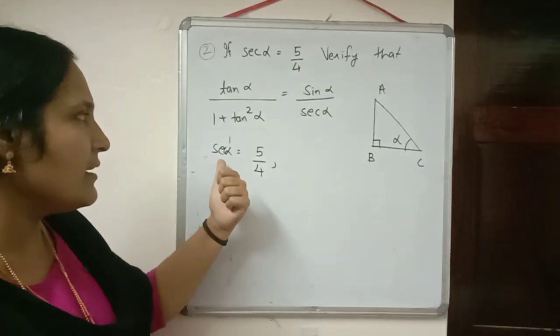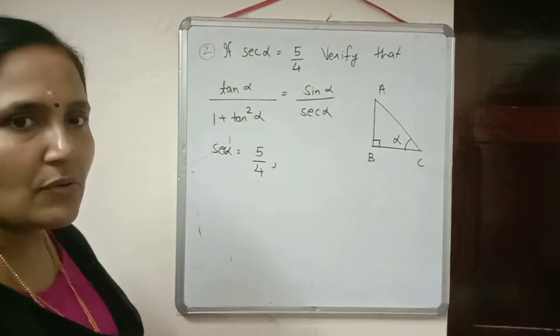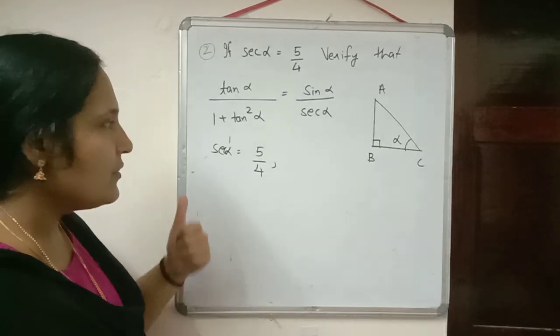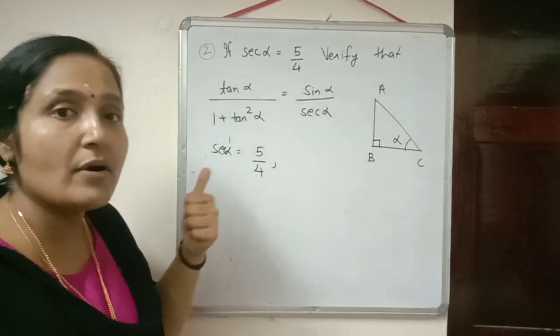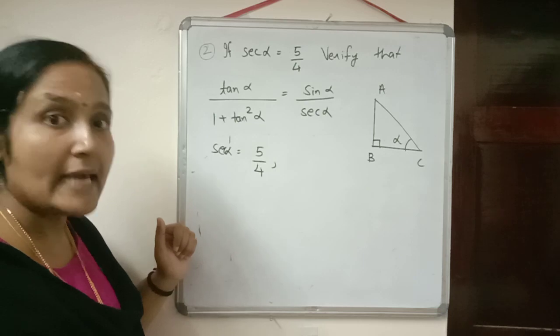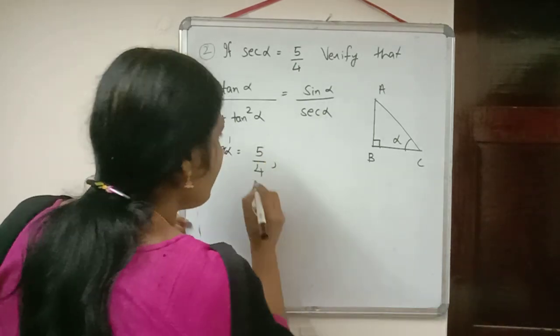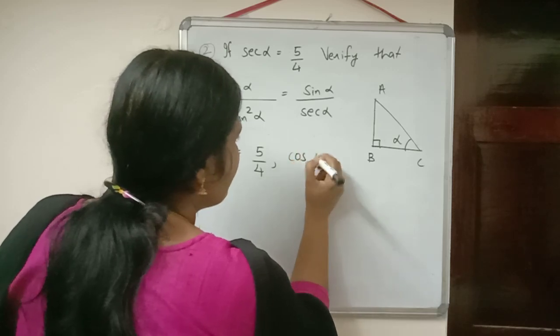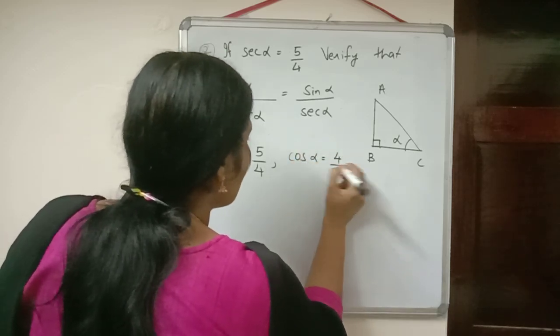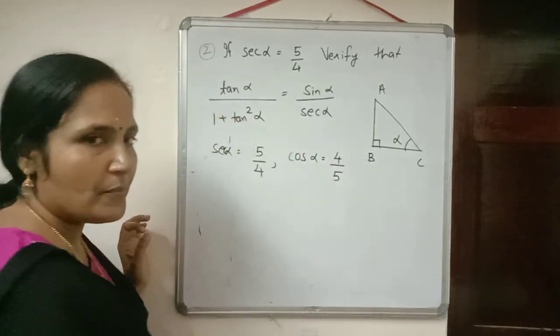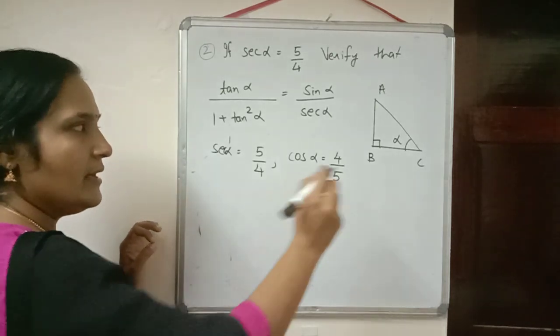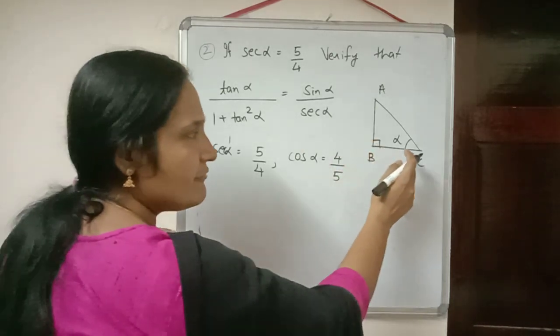So here what is given is sec alpha is equal to 5 by 4. Do you know what is the reciprocal of sec alpha? Yes, it is cos alpha. So we will write here, if sec alpha is equal to 5 by 4, then cos alpha will be equal to 4 by 5. And according to the formula of cos alpha, what will come?